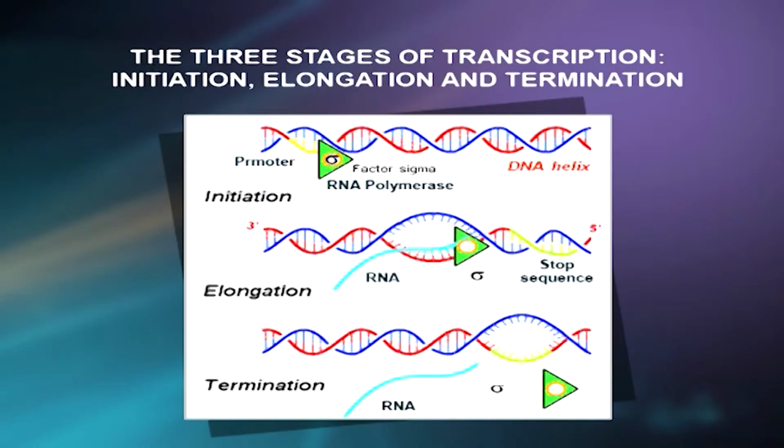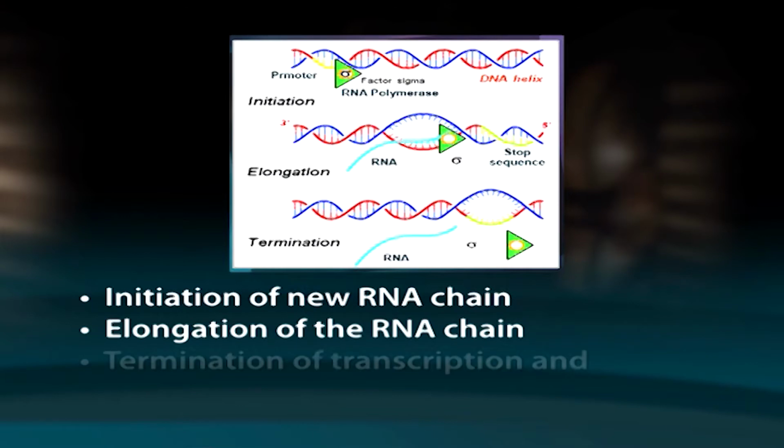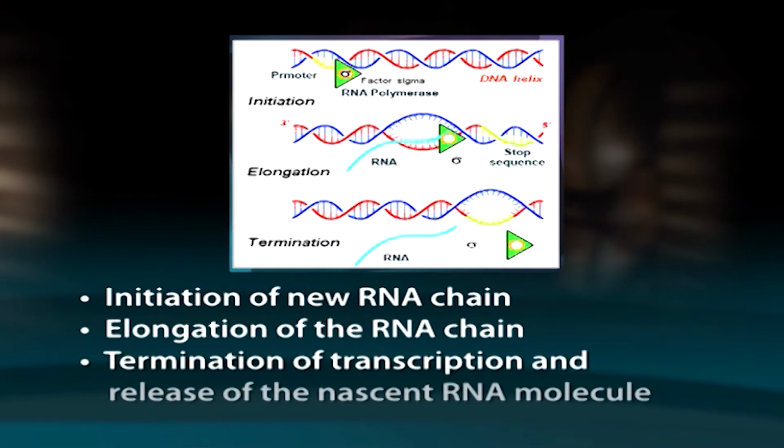The process of transcription in prokaryotes can be divided into three stages. 1. Initiation of new RNA chain. 2. Elongation of the RNA chain. 3. Termination of transcription and release of the nascent RNA molecule.